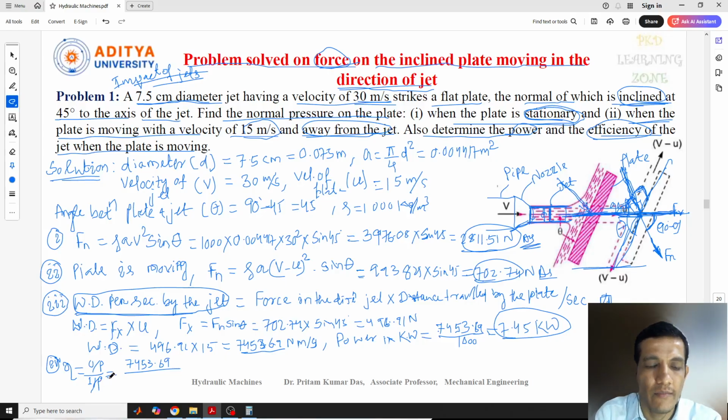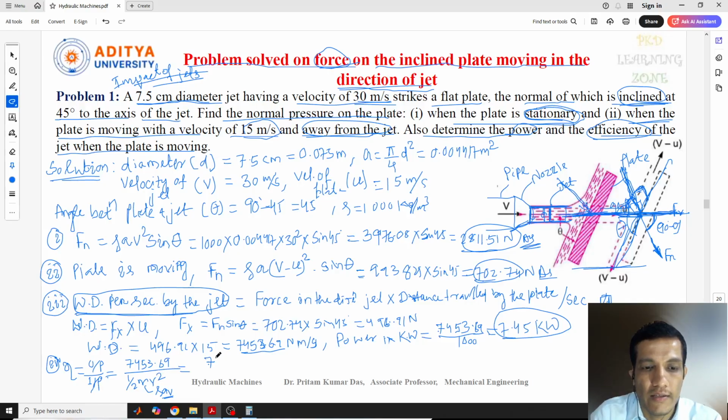What about the input? Input is nothing but the kinetic energy of the jet at the inlet condition, the initial condition. So we can write half m v square, where m equals rho A V, so rho A V into v square.